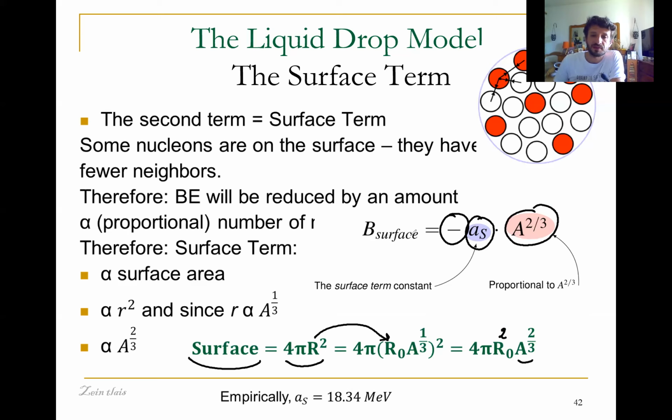So this term must be a function of A power 2 divided by 3. Empirically, by experiment, we find the value of AS, which is equal to 18.34 MeV.